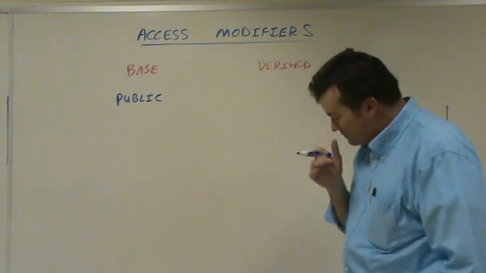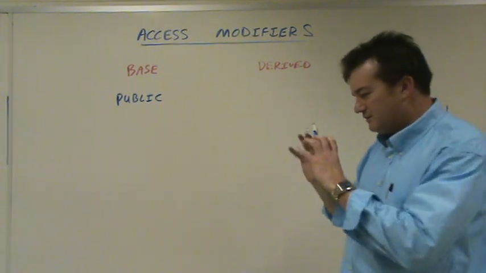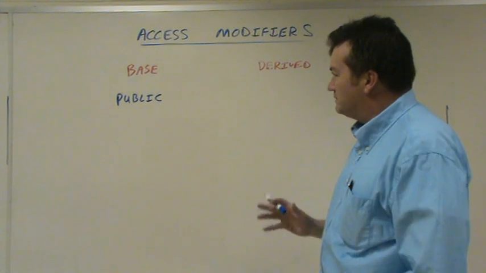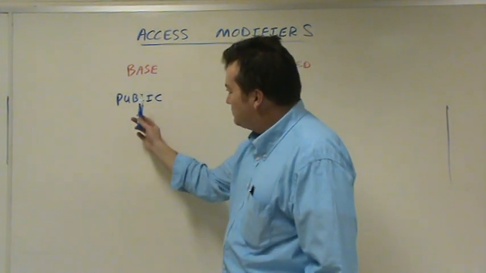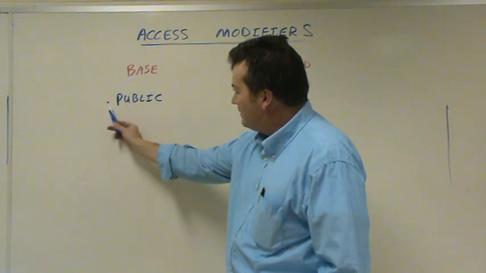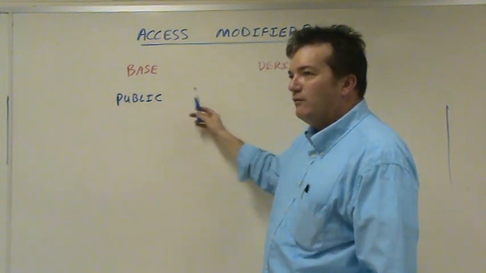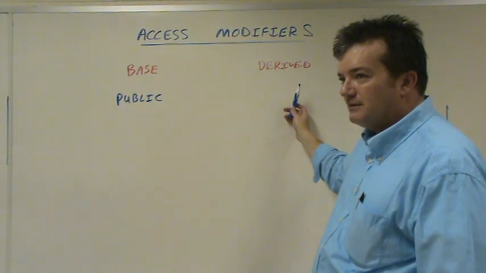Actually I shouldn't use the word section because it makes you think the storage is being moved somewhere, but it's the access. Anything that has public access in the base class will have what access in the derived class?